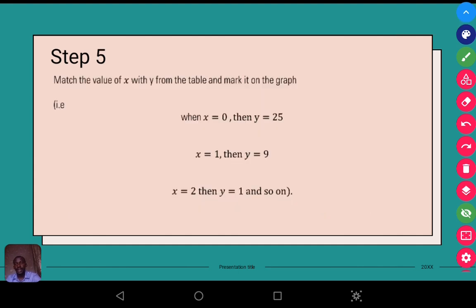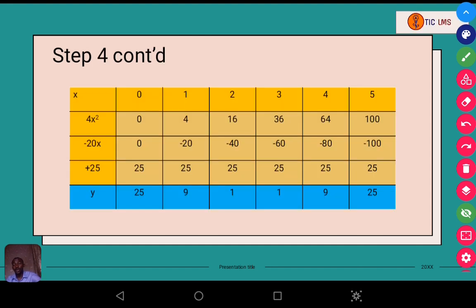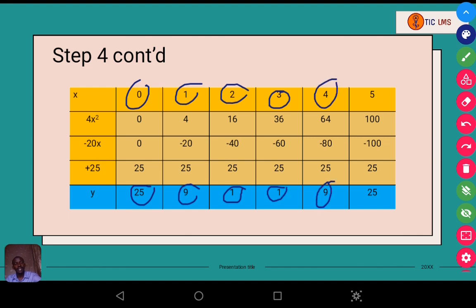Now step 5, match the value of x with y from the table and mark it on the graph. Now what does this mean? It means that when x is 0, y is 25. When x is 1, y is 9. When x is 2, y is 1. I want to also tell you something here: watch the values of x and y.